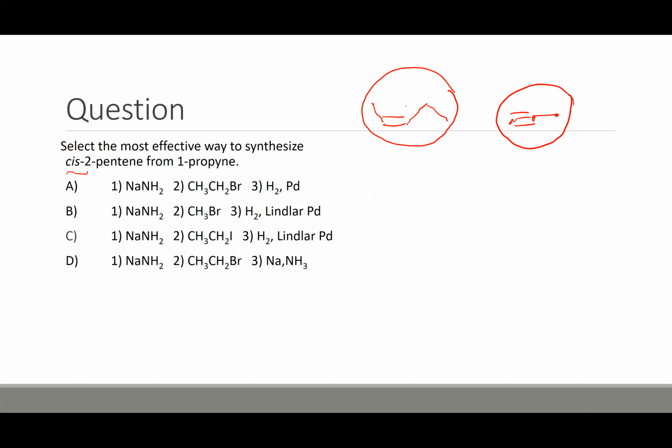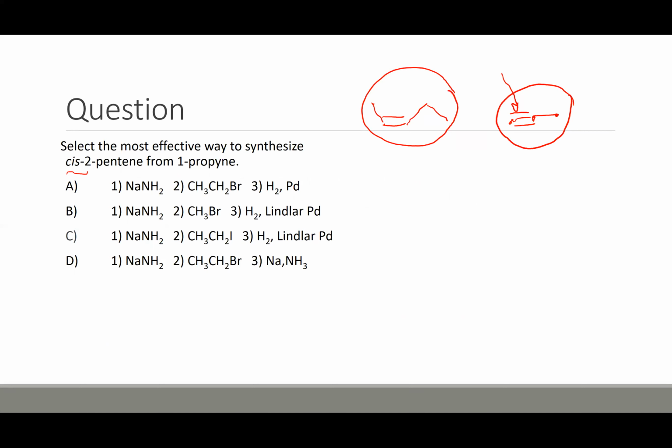That lets you add on carbons to a terminal triple bond, which we have. This is what we're starting with, a terminal triple bond. So we can add carbons on. And we also talked about how to go from a triple bond to a cis double bond. That's using the Lindlar catalyst.